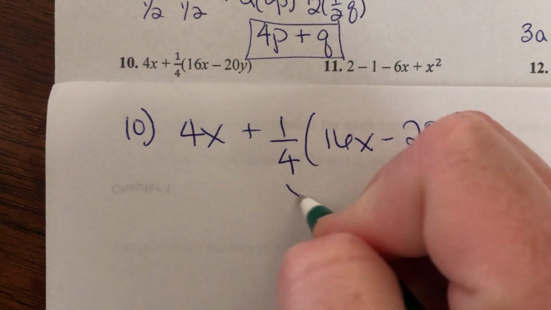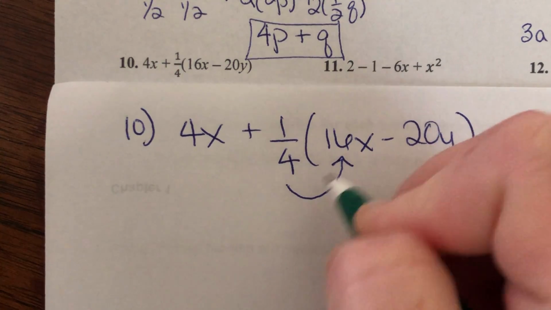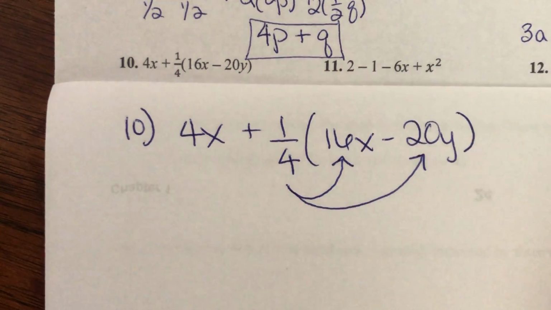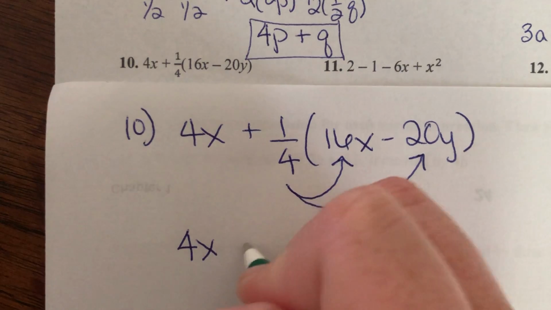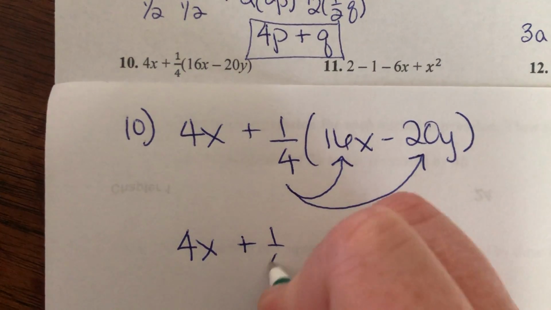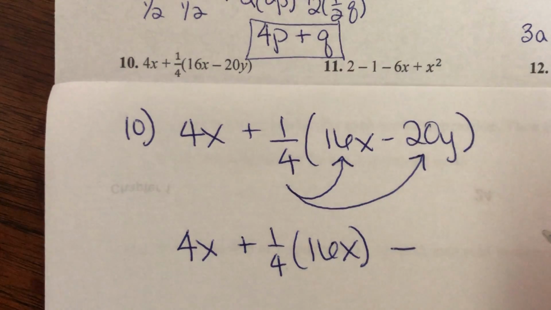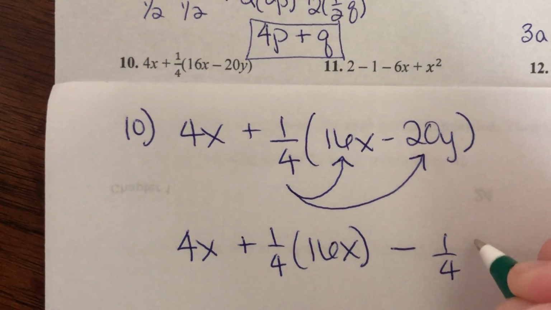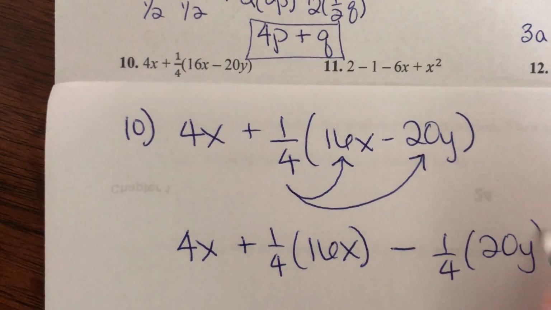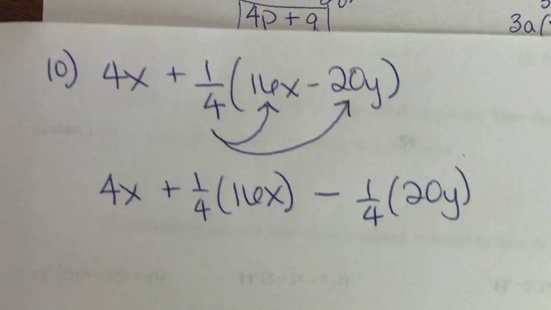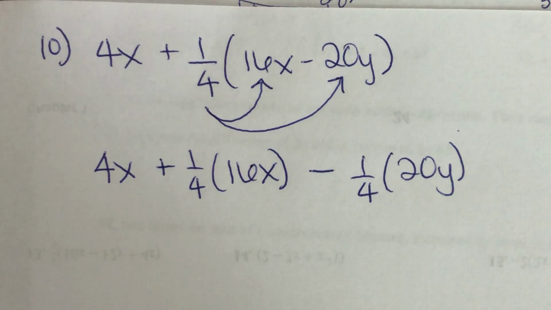property. So I can distribute that 1/4 to this term and to this term. So I have 4x plus 1/4 times 16x minus 1/4 times 20y. So I've distributed. Now I have to simplify.